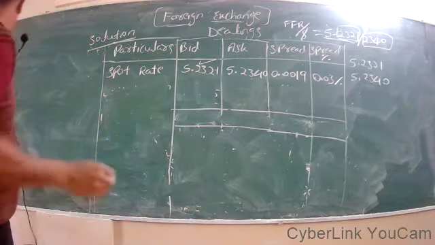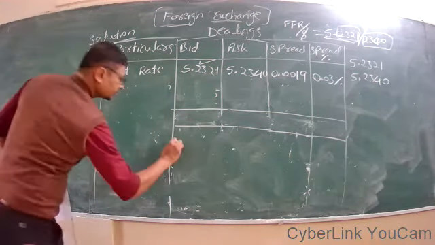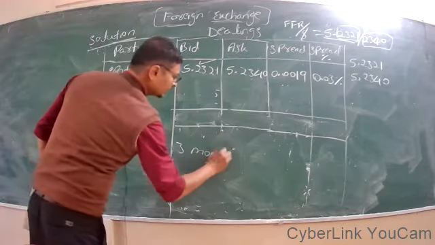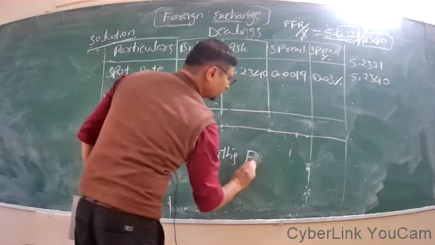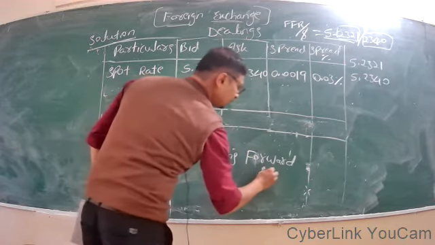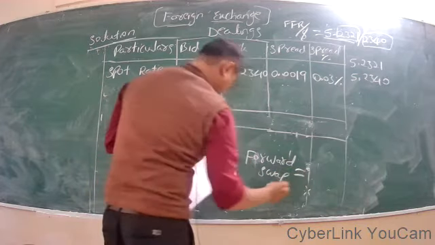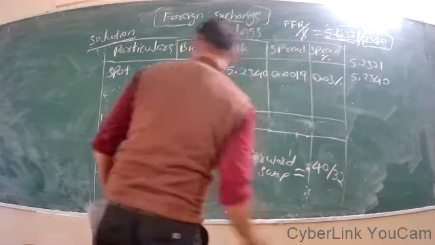Fine. So the 3 month forward swap point is given in the problem as 40/32, right?